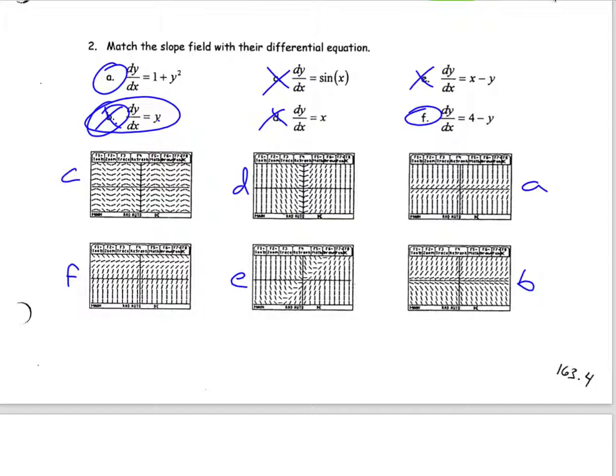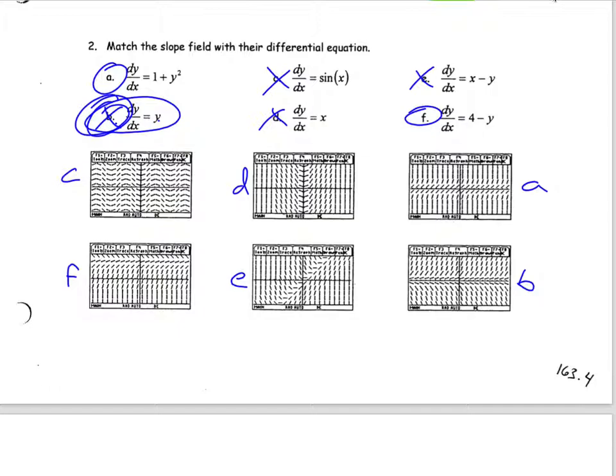Now here's something else we want to notice. When I plug in y values that are positive on this one, what type of slopes am I going to get? Positive slopes. When I plug in y values that are negative, I get negative slopes. So everything above the x-axis is going to have a positive slope, and everything below the x-axis is going to have a negative slope. That's what's happening down there on the bottom right.